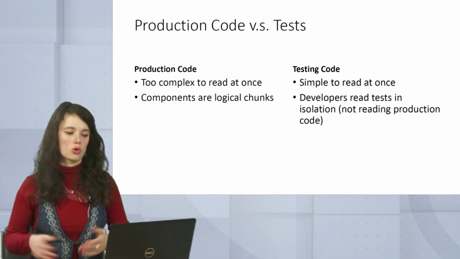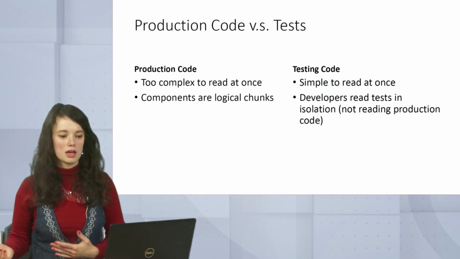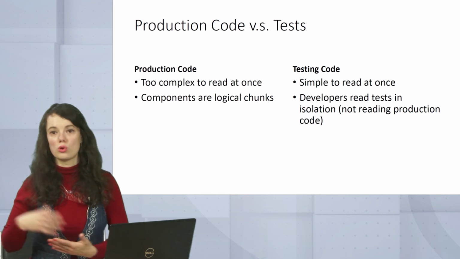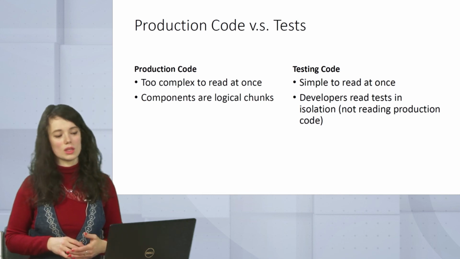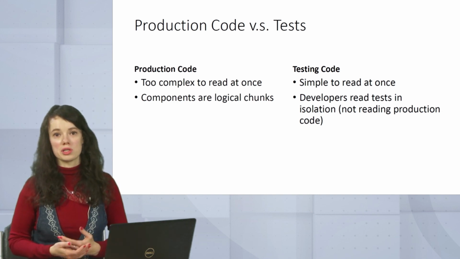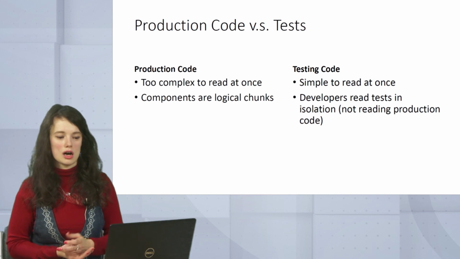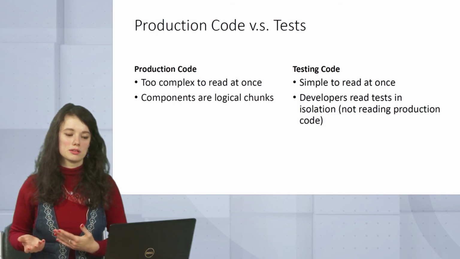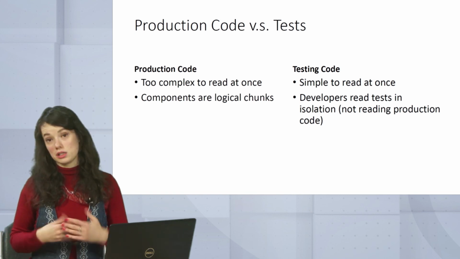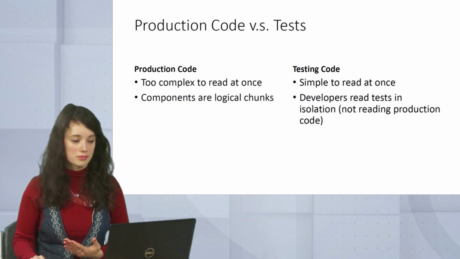Production code is too complex to read at once, and testing code is read in the command line and should be easier to read at once and understand the cause of failure. In production code, components are logical chunks which are connected, but tests are written in isolation. We are reading tests in isolation, so they should be isolated.